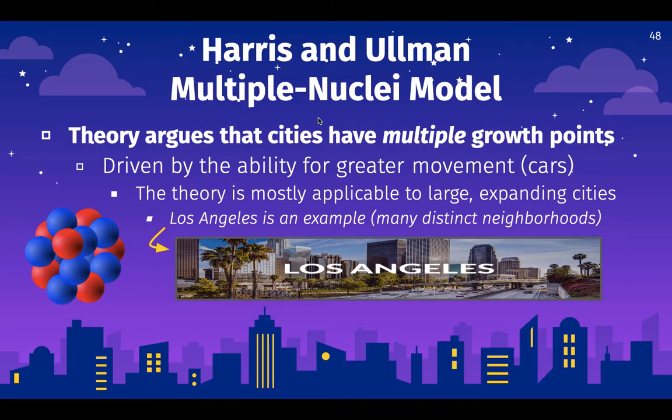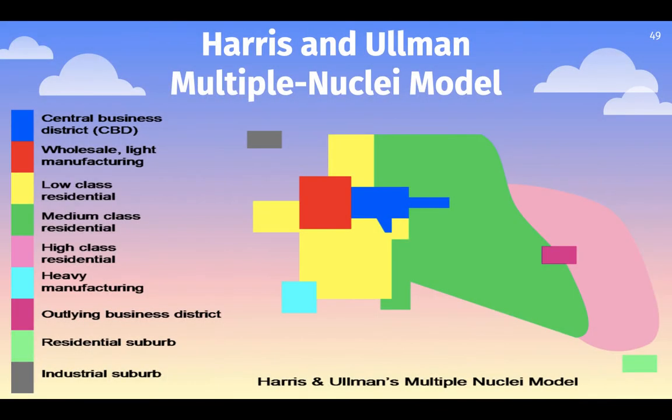And this was really driven by the advent of vehicles and the ubiquitous nature of cars, meaning all of a sudden they were everywhere and they were affordable. And this theory is used to explain why some of these large expanding cities like Los Angeles, for example, have many distinct neighborhoods, many distinct nuclei, and not just one focal point.